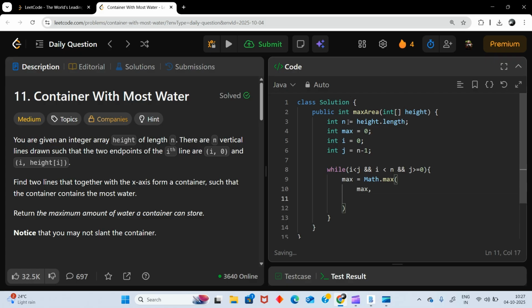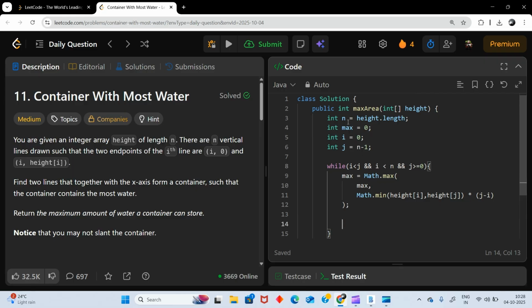Our formula to find the area is Math.min of height of i, comma, height of j, into my height, and my base will be j minus i. This is how we found the max.